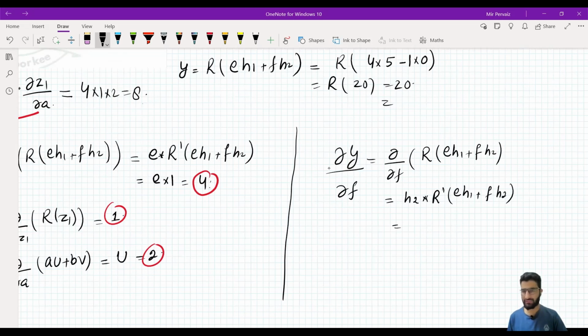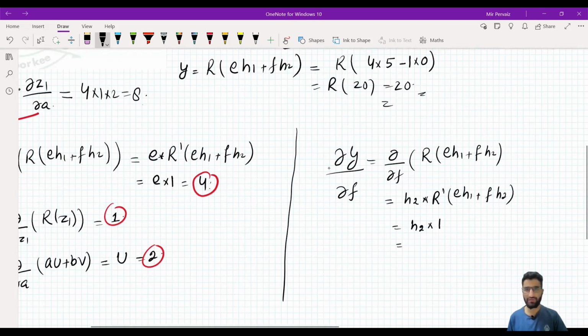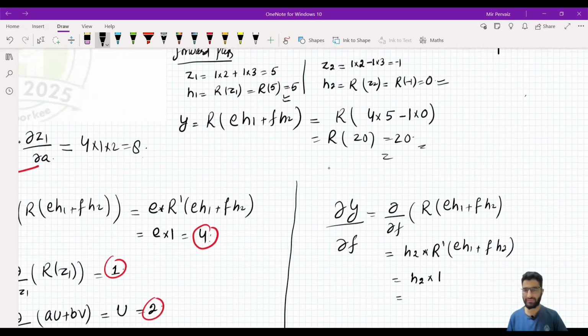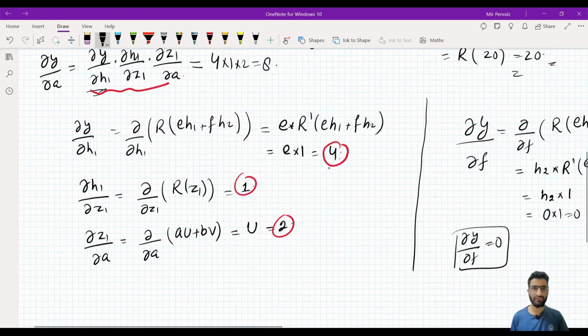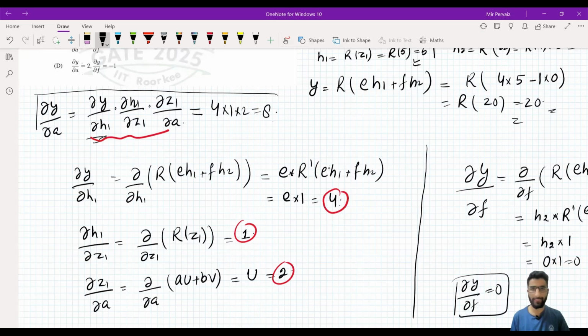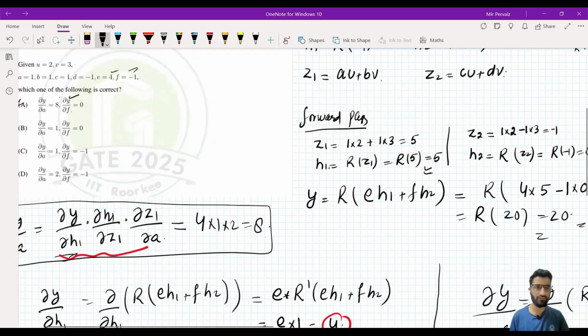Now ReLU was taking a positive value for the given parameters, so this derivative will be 1. And h2 we calculated to be 0, so this is 0 into 1, which is 0. So your del y over del f is 0. This is 0, and the first part is 8, and option A is correct for this question.